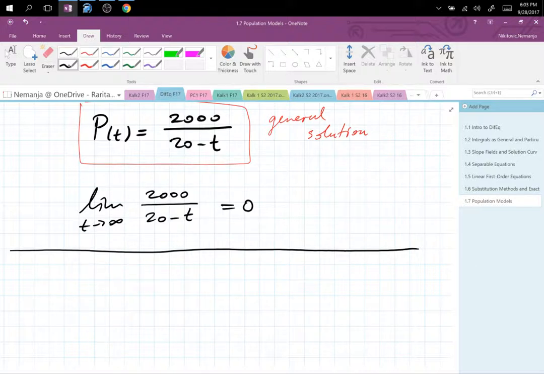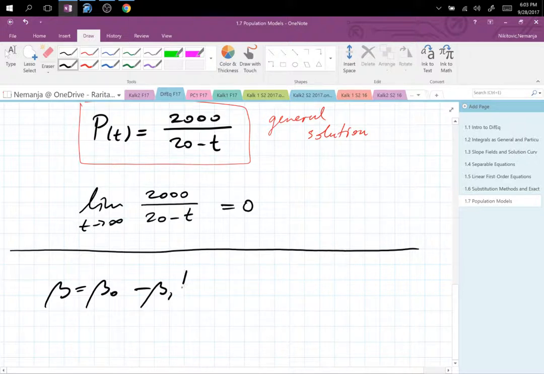So now beta is equal to beta 0, the initial case, minus beta 1 times P. So this is your new birth rate function.